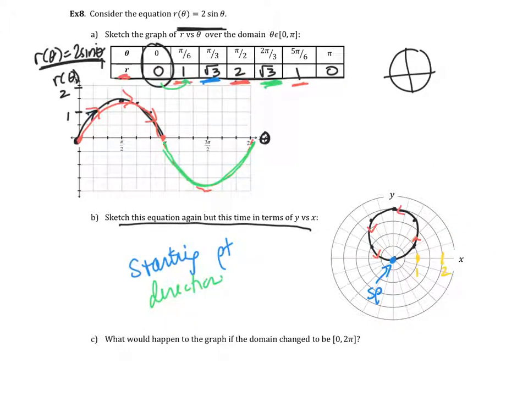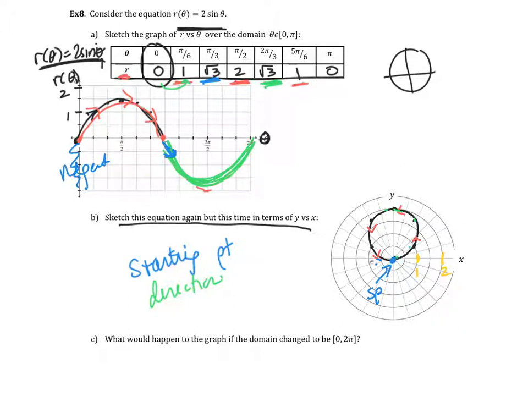So what did you notice here? Hopefully you noticed that when you did this second part right here of the sine curve, you would repeat and overlap that circle once again. Because right here we have a negative radius, so we would be going out a negative radius, or rotating, I should say, something larger than pi. So I rotate something larger than pi, but my radius is now all negative.